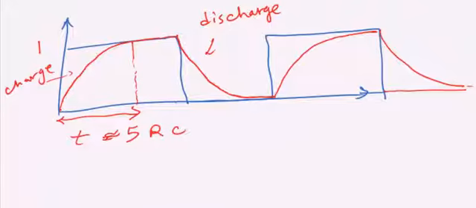So if you multiply R and C times 5, this is the time it takes to reach the target. RC is known as the time constant. It's shown by tau. So tau equals RC is the time constant.